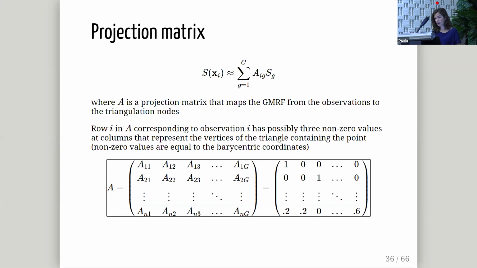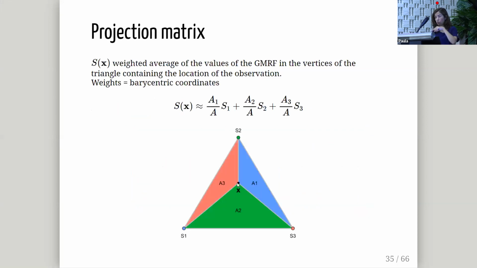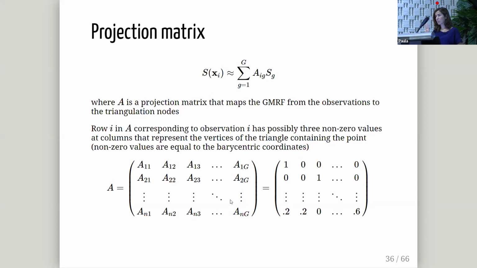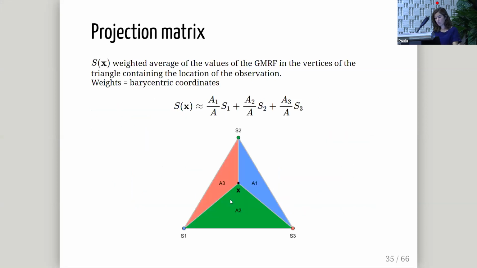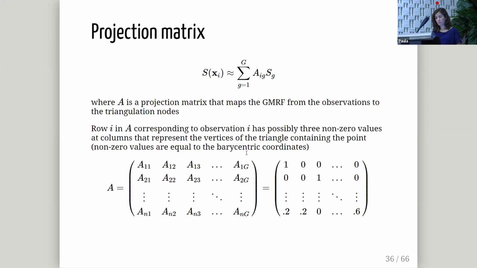And then if we have an observation like here that lies within one of the triangles, all the elements of the row will be 0 except 3 of them that will be the positions of these vertices, S1, S2, and S3. And there will be the weights, these weights, A1 divided by A, and so on. Okay, so this is the projection matrix that we need to calculate in INLA, in SPDE.